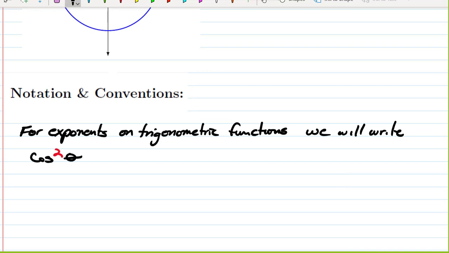So we will write cosine squared theta instead of cosine theta parenthetically squared.